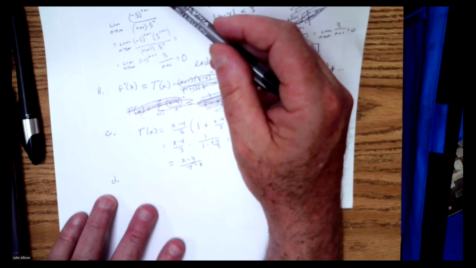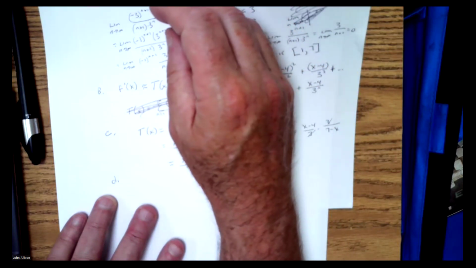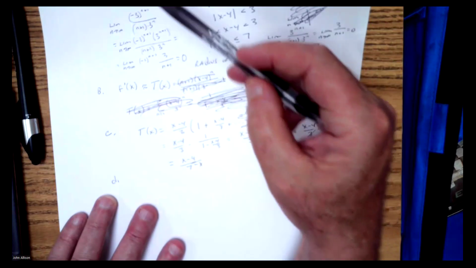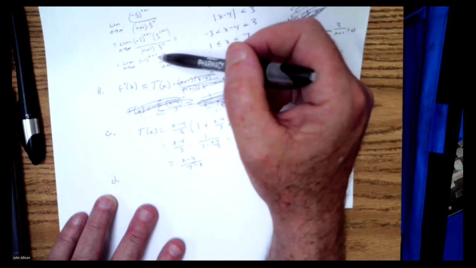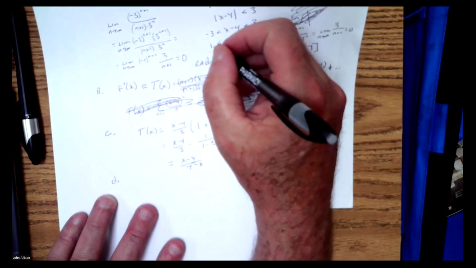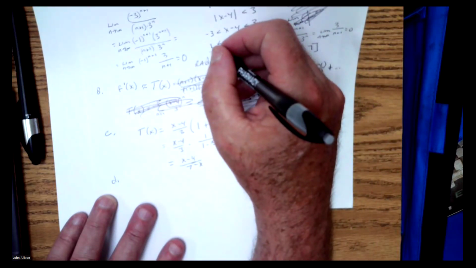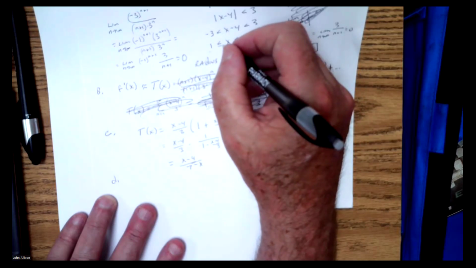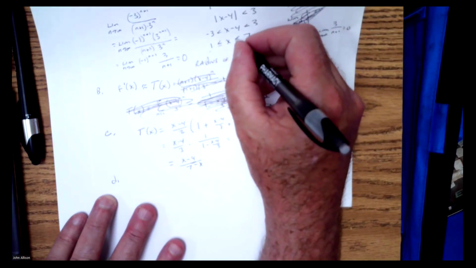No, it's not alternating when x equals 7. It doesn't converge at 7. At 1, negative 1, 3 over n plus 1. So this should converge at 1, but it does not converge at 7.